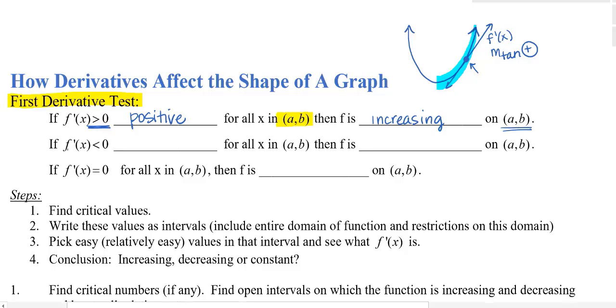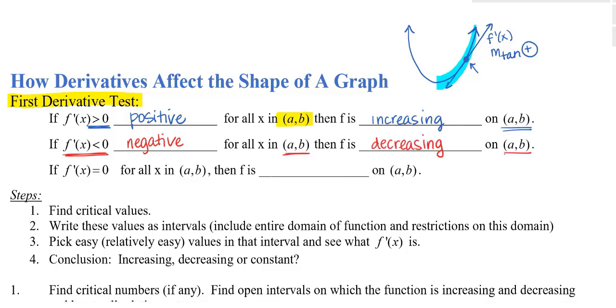Following that, we have if f prime of x is less than 0 or negative. So if I have a negative sloping tangent line for all x in that open interval, again AB, then we say the original function is decreasing on that open interval AB.